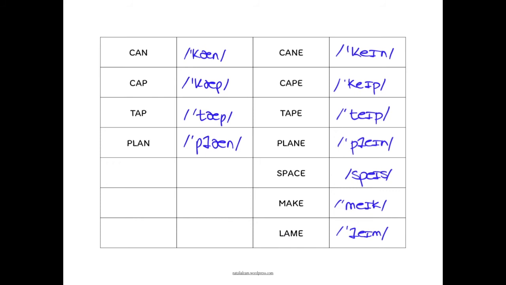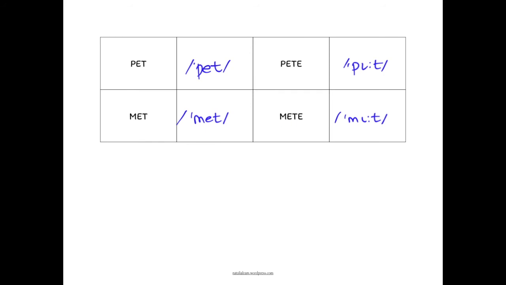As you can see, what you have in here, this letter is silent in pronunciation, but in here, you're saying the name of a letter. Space, make, lame, A.